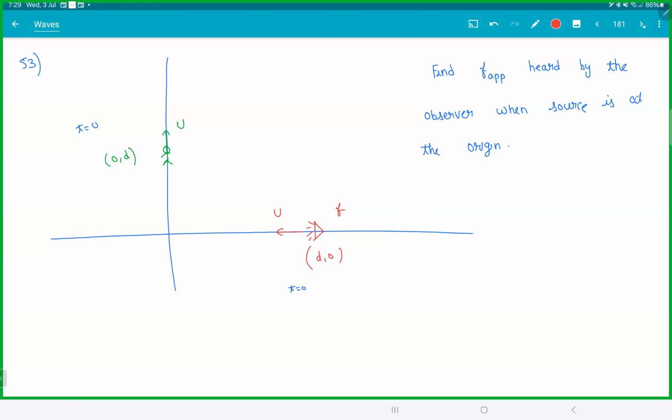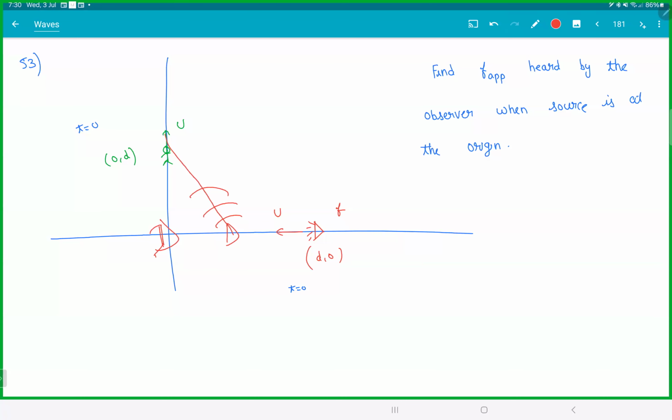So you tell me, when the source comes here, do you think he will hear this sound? The question is, find the frequency heard by the observer when the source is at the origin. That means the source must have released the sound somewhere here. As the sound is traveling from here to here, the source must have reached here.